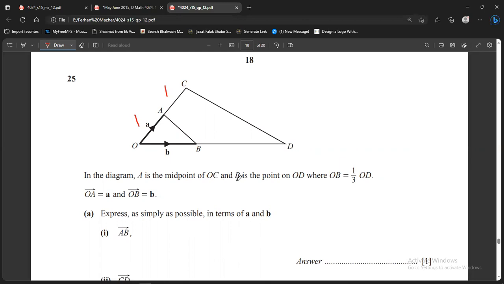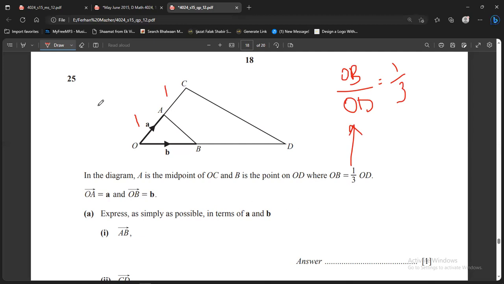He says A is the midpoint of OC and B is the point on the OD where OB by OD is equals to 1 by 3. From here, I am going to this. Okay.